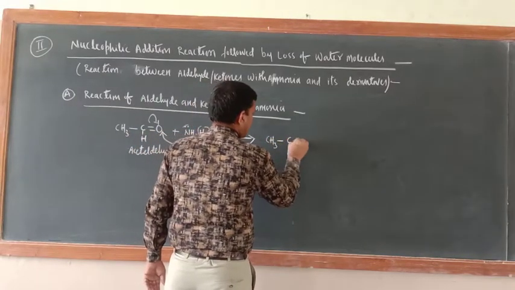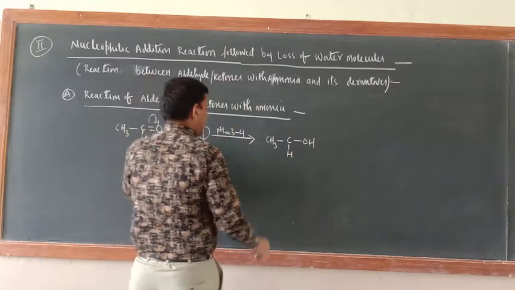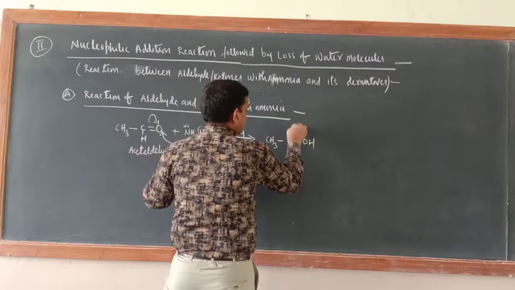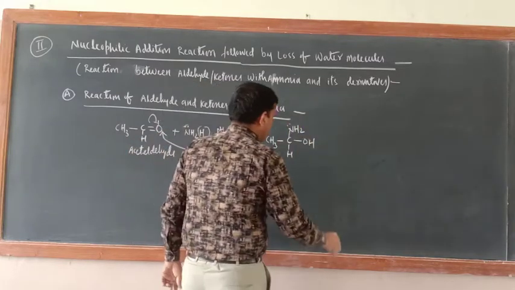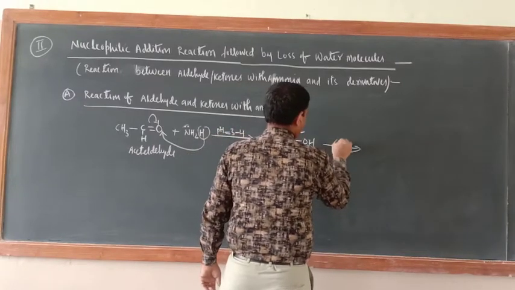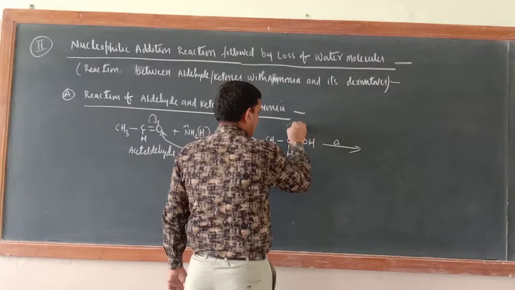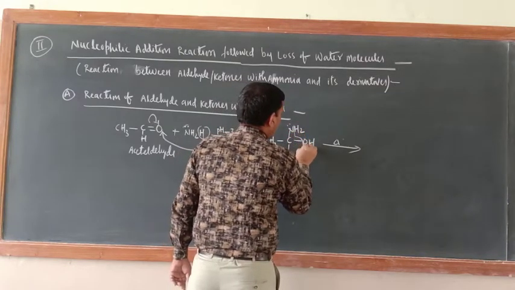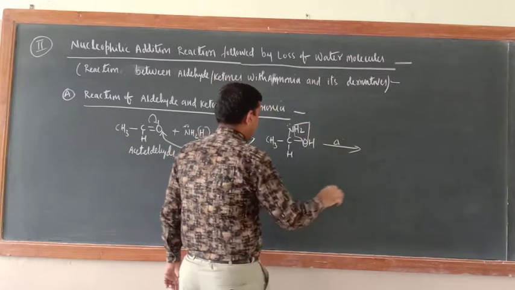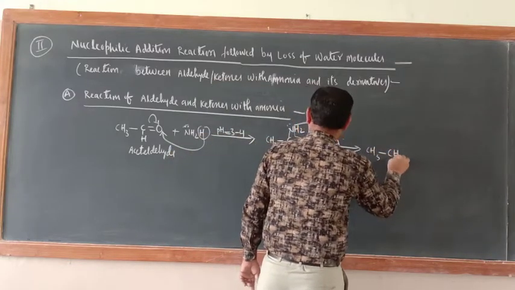CH3CH, and here OH, with NH2 here. Now do one thing, heat this one. So after heating, H of this one and O of this one will come out. So what is the product left here? CH3CH.